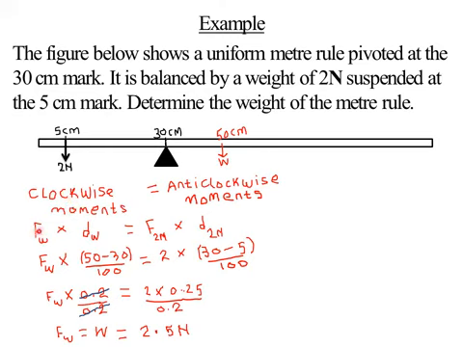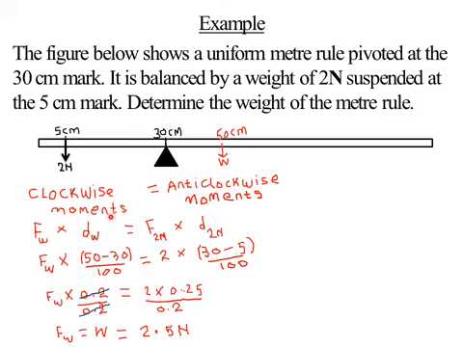If we take the force times the perpendicular distance of that weight from the pivot, it will give us the clockwise moment. So it will be the force due to the weight, times the perpendicular distance from the pivot to the weight. So we have 50 minus 30 as the perpendicular distance of the weight from the pivot.